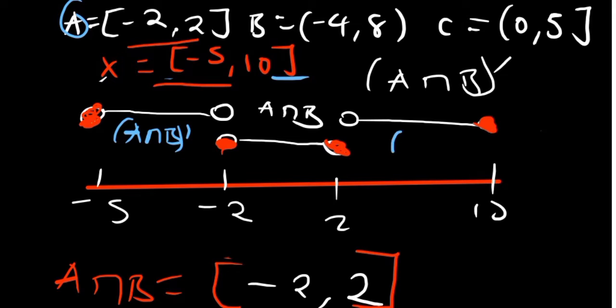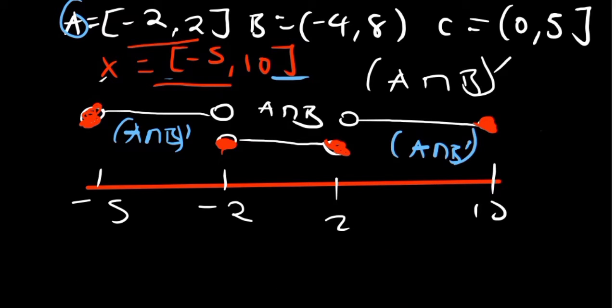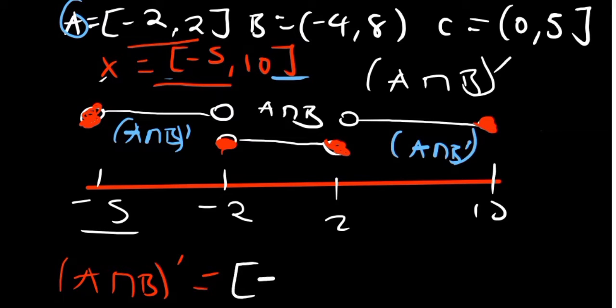Are there any challenges when it comes to presenting that in terms of the interval notation? Any questions? So the minimum value that we have is -5 all the way up to -2, union.